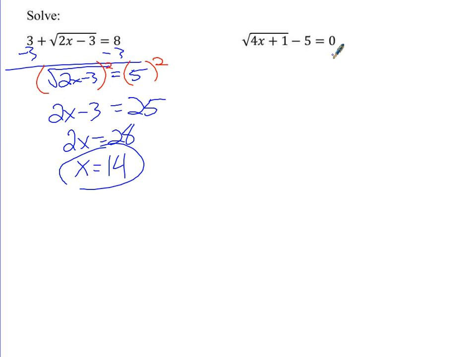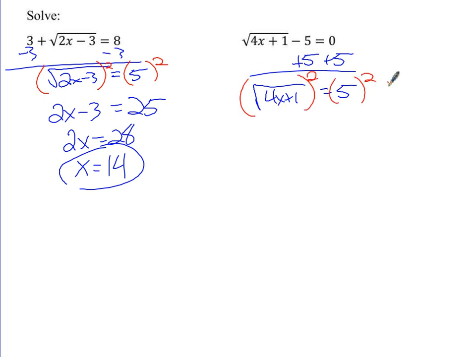What should I do on the next one? We add 5 to both sides, and what do we get? Now what? We isolated the square root, so we square both sides since it's a square root.